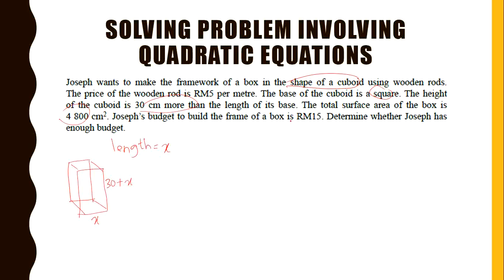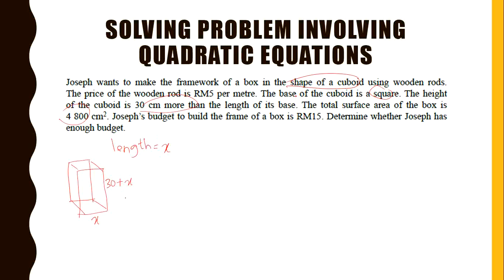Lepas tu dia ada duit RM15. So dia nak check bajet dia cukup ke tak. Before that kita kena tahulah berapa panjang semua yang kita nak guna wooden rod ni. Sekarang ni kita ada dia punya length of base, lepas tu kita ada height of cuboid. Dan yang kita tak tahu sini is width, dia punya lebar cuboid ni.